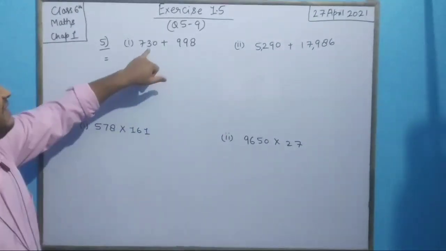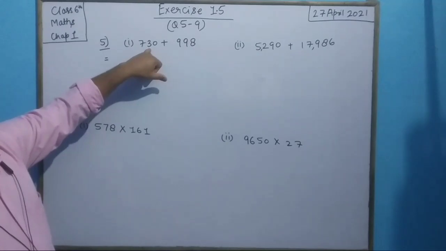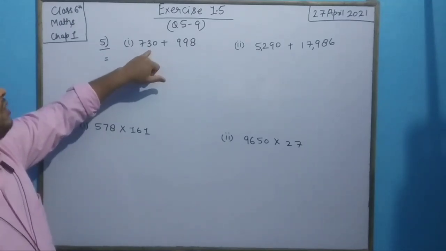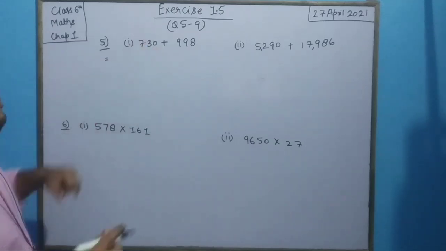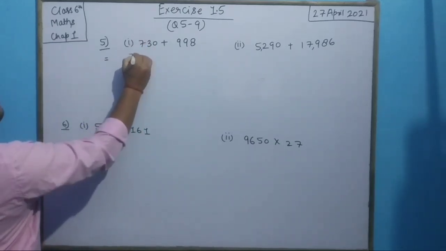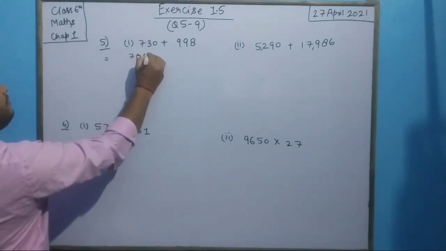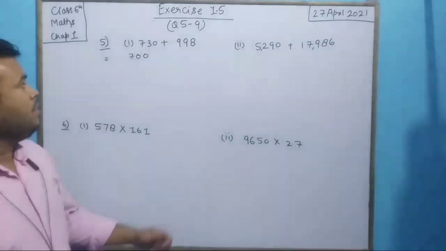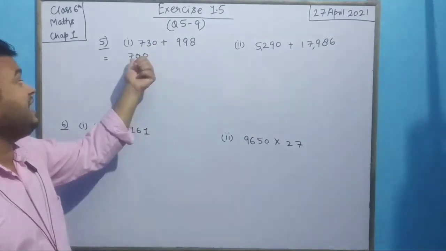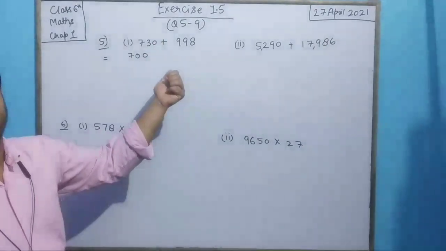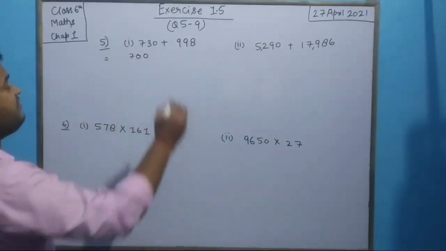But here we can see that it is less than 5, so both the places will be transformed to 0. So it will be 700. If it had been 750, then we would have taken it as 800. Let us see again.